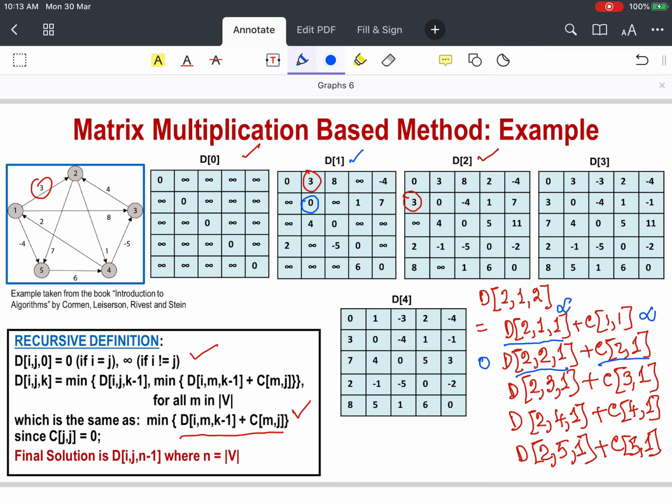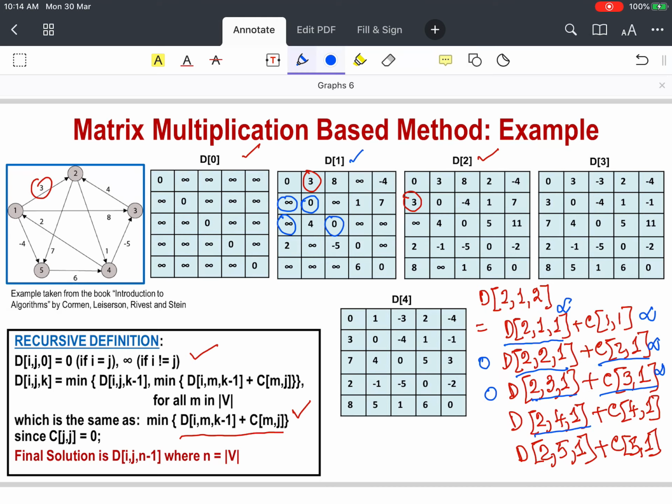And C2, 1 is this value, which is infinity. So this will also give me infinity. Let us see what D2, 3, 1 is. D2, 3, 1 is this value, which is 0. And C3, 1 is this value, which is infinity. So this will also give me infinity.